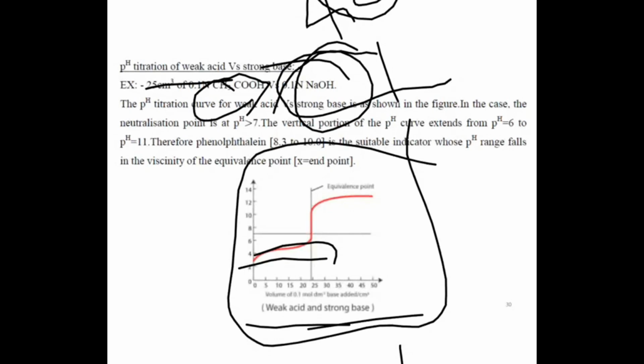To neutralize this weak acid, the quantity of base added to this acidic solution will be very small. If you add a little of the strong base to the acid, it will get neutralized. That means if you add OH minus ions, it will get neutralized and form water. The acid has H plus, and when OH minus is added it gets neutralized and forms water. So that is the plot for weak acid versus strong base.